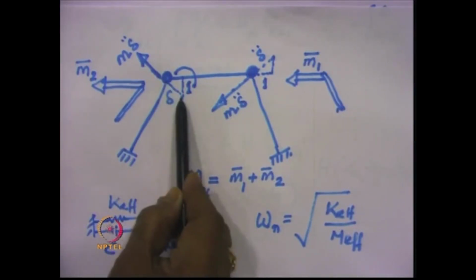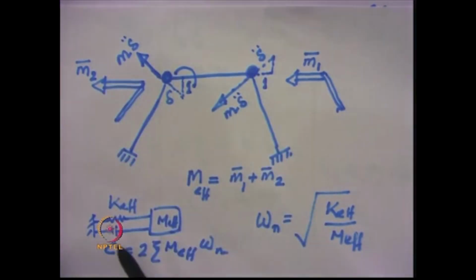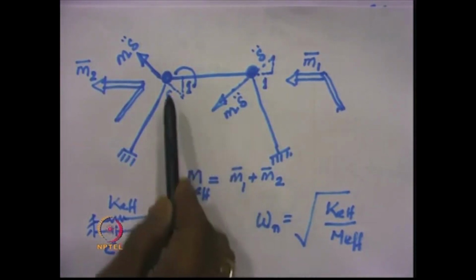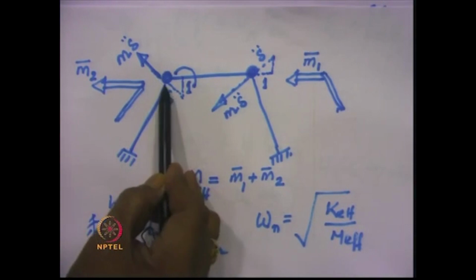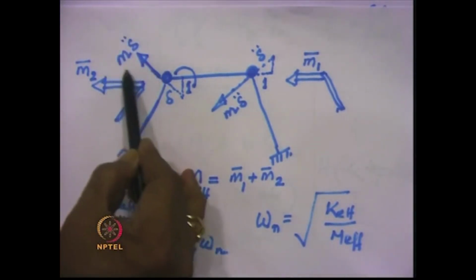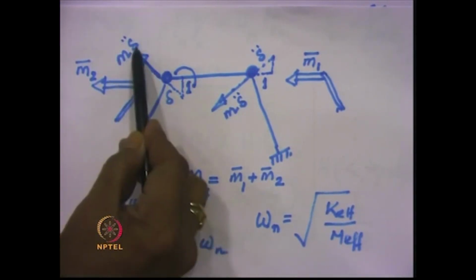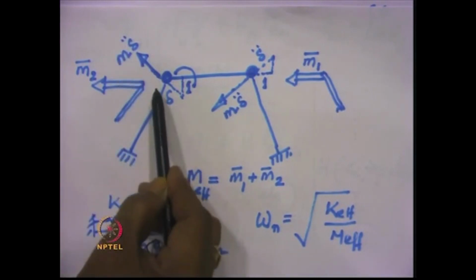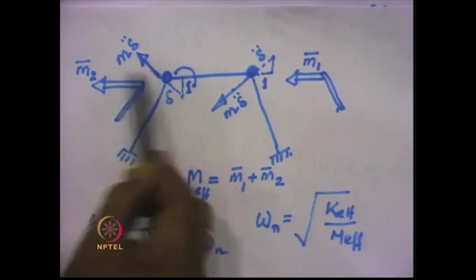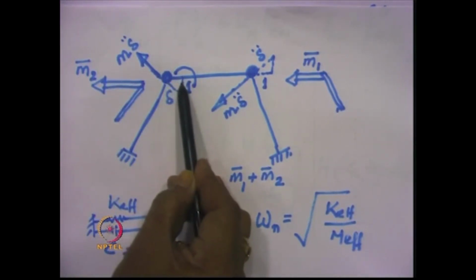This point will come over here and this point will come over there, as I had shown before, because the inextensibility condition has to be satisfied, and for that the inertia force which will be generated will be in this direction, minus m multiplied by delta double dot, where delta double dot is the acceleration caused due to the unit displacement in this direction.